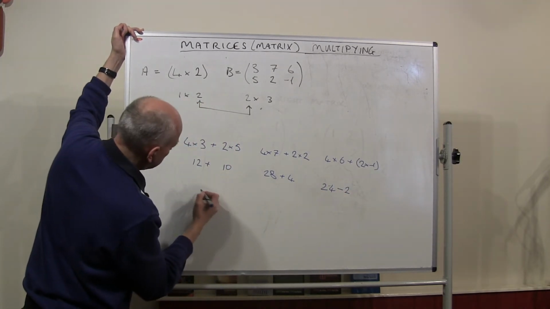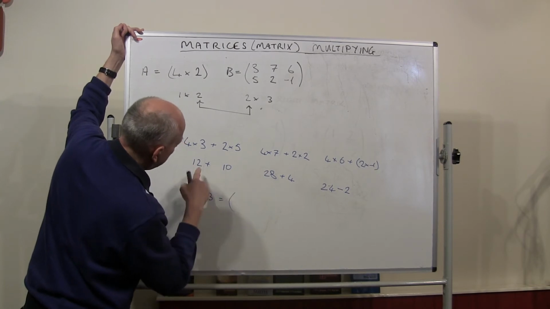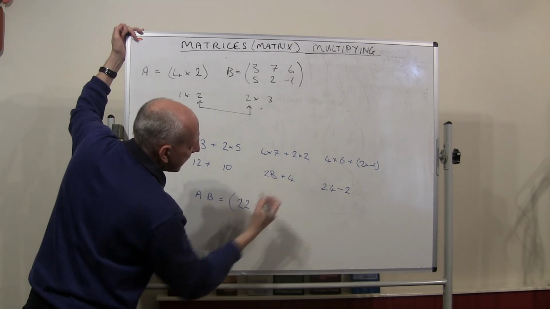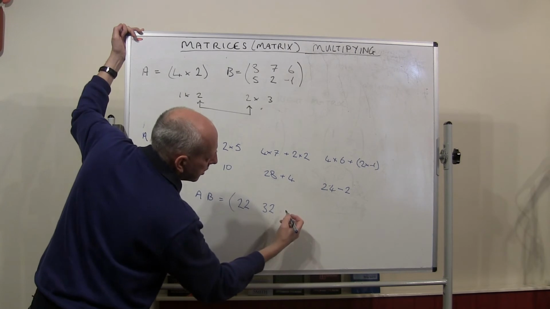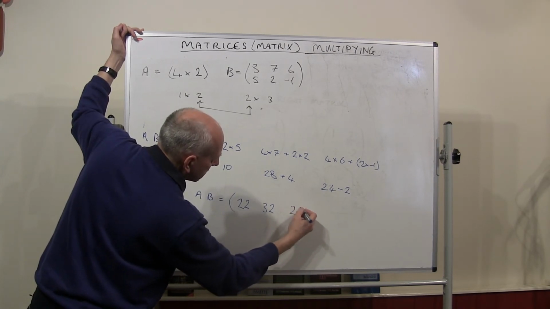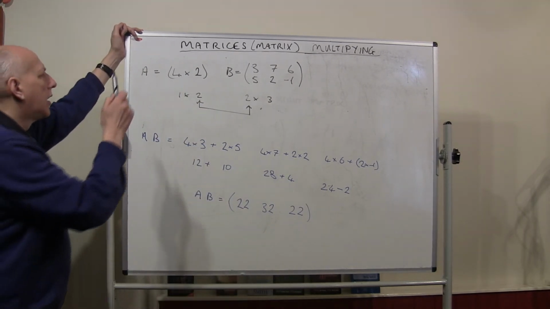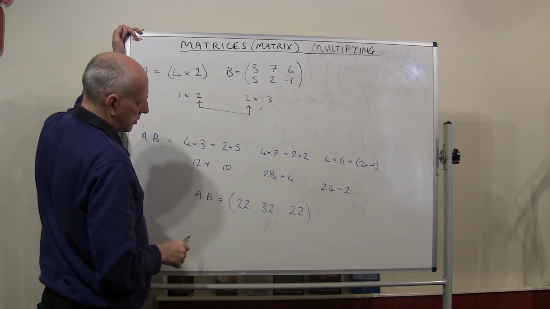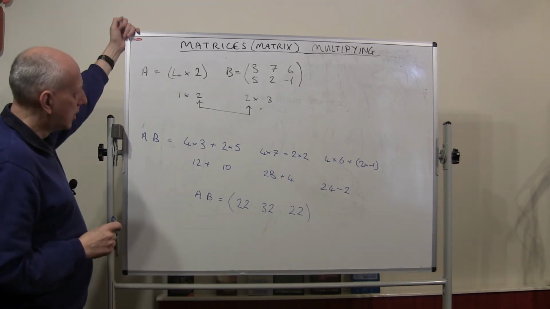So my end result, so AB gives me 22, 28 and 4 is 32, and 24 minus 2 is 22 as well. Okay, so it worked as it said it would, and we got the result that we said it would, 1 row by 3 columns. Okay, not a very tall column, but there you go.